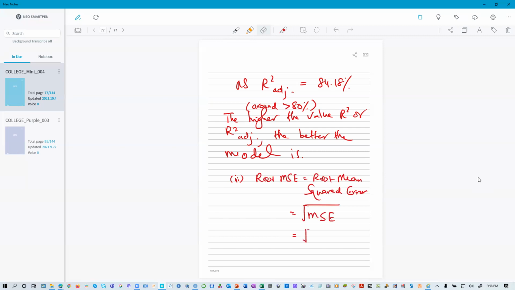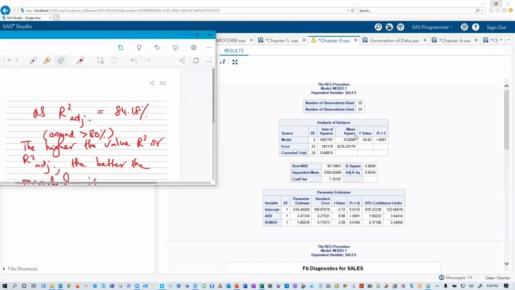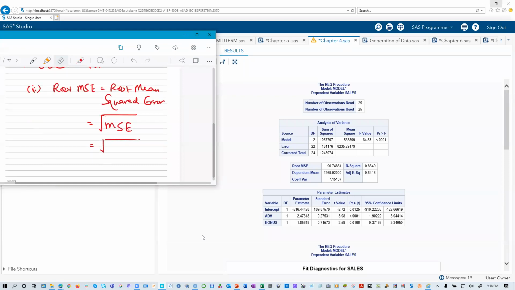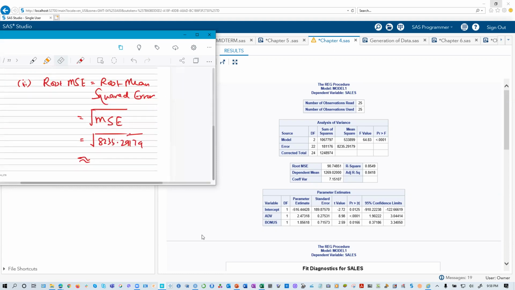The mean squared error is 8235.29179, that's the value they have given approximately, and the root mean squared error is 90.775.